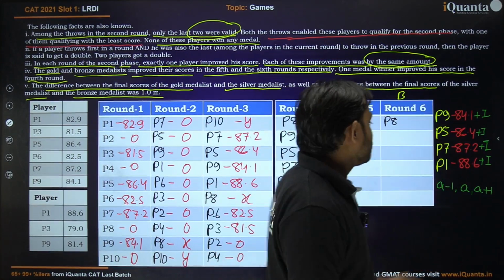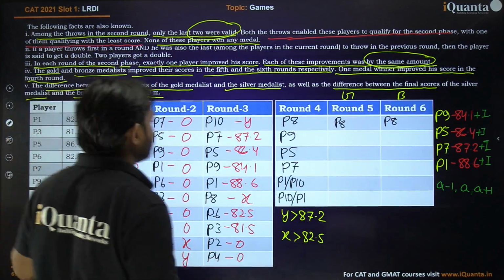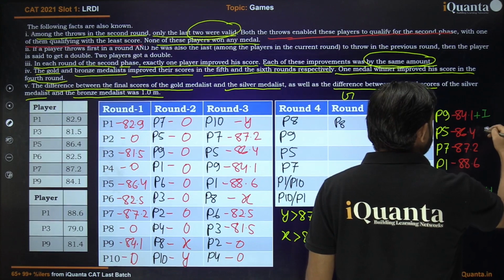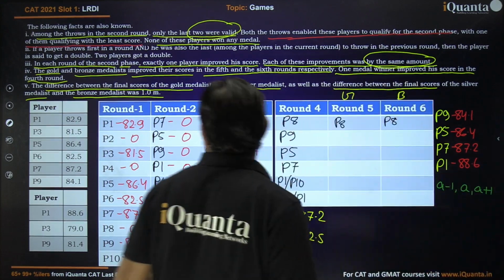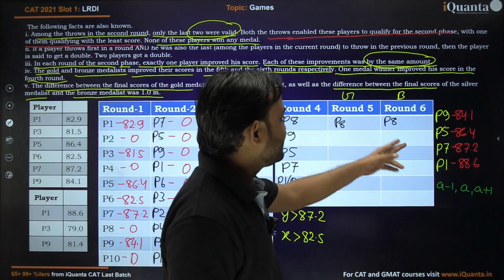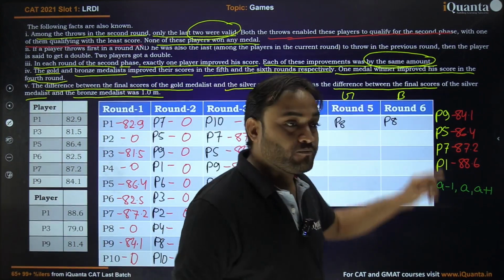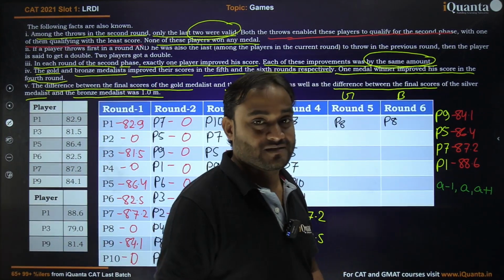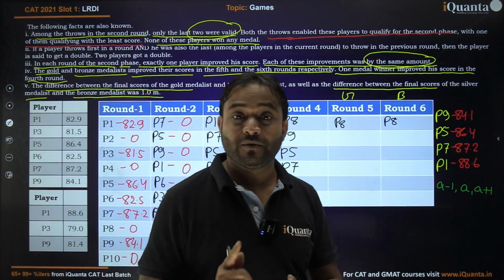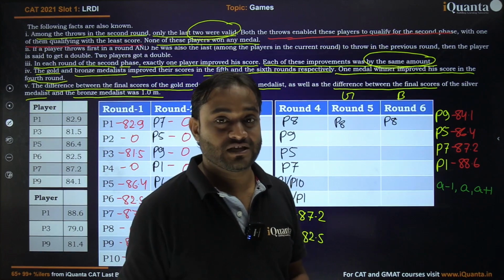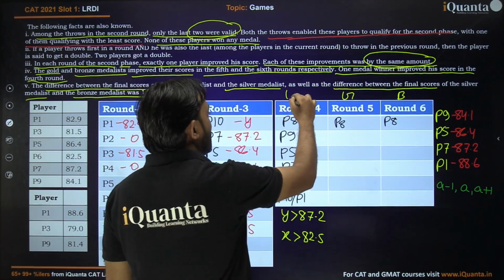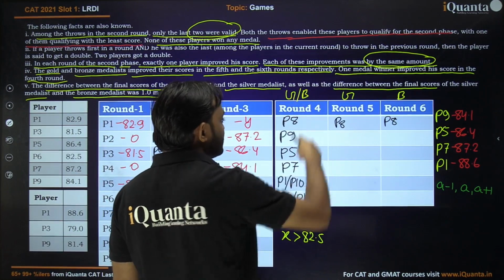Can we say it's not possible that there are 3 players who improved, but there are only 2 players who improved, and out of gold or bronze medalist, one improved twice, right? So we can say the silver medalist did not improve. Can we say that? So either the gold or bronze medalist improved in the 4th round.